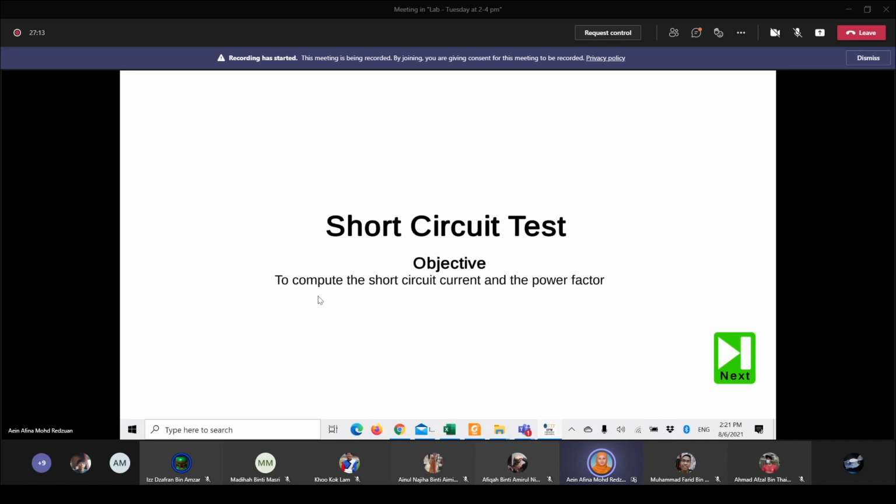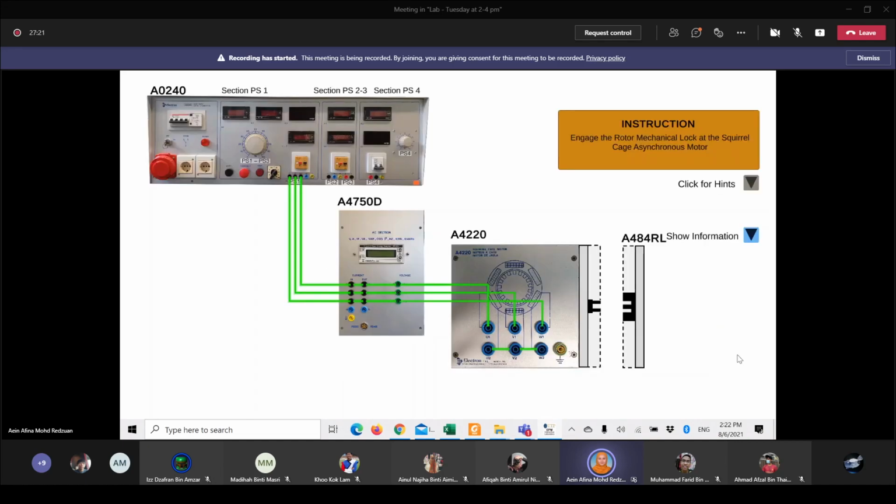The short circuit test. What we are going to do is compute the short circuit test current and the power factor. Engage the rotor mechanical lock at the squirrel cage asynchronous motor.